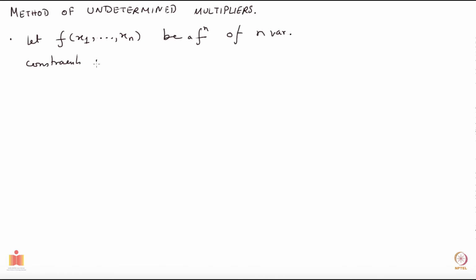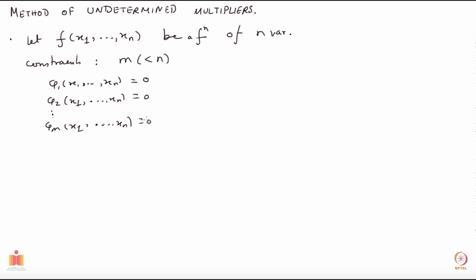You have in total, let's say, m constraints, and m has to be less than n. Let's denote them by phi 1 of x1 to xn being 0. Then you have some other constraint phi 2, which constrains all these variables, and so on up to phi m. Now we are asked to find the stationary point of f.